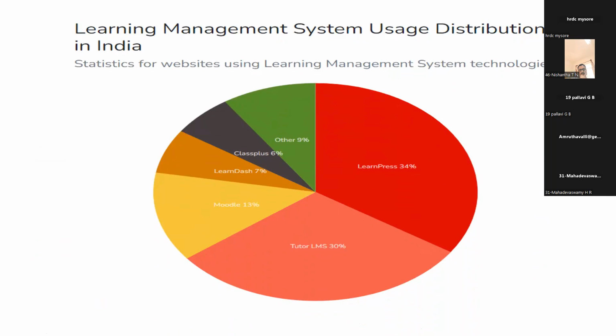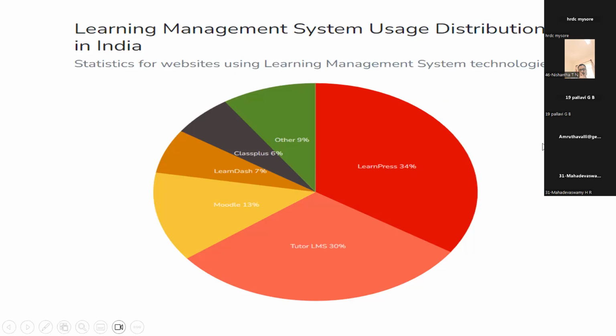This is again one of the research papers published by one of the universities, and I'm giving you the statistics. You will be able to see the different learning management systems that universities across the world are using.